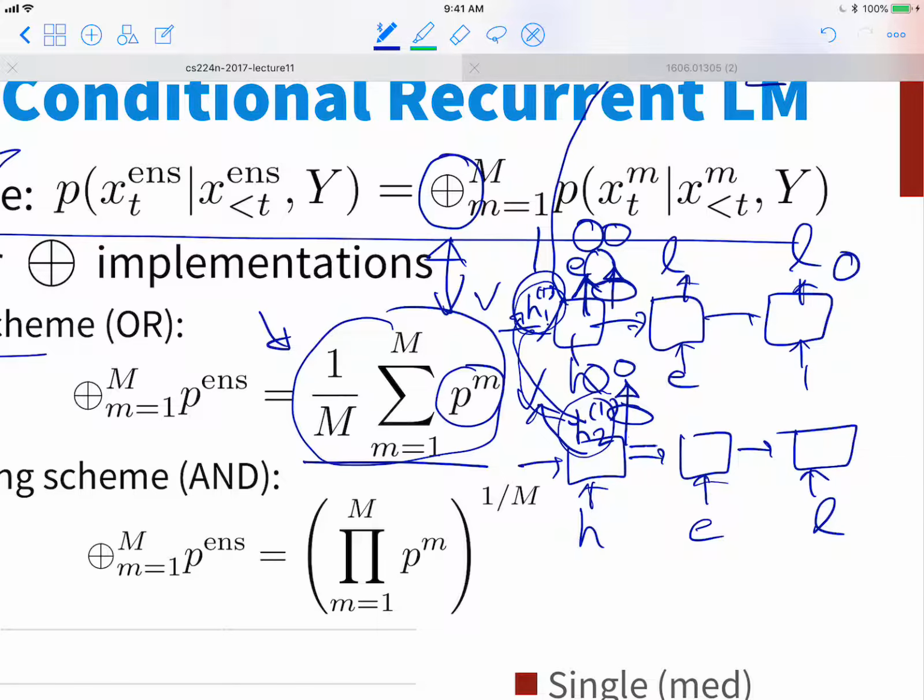When feeding these vectors to the next layer or next time step, we can either use the model's own vector before the average, or use the average vector.